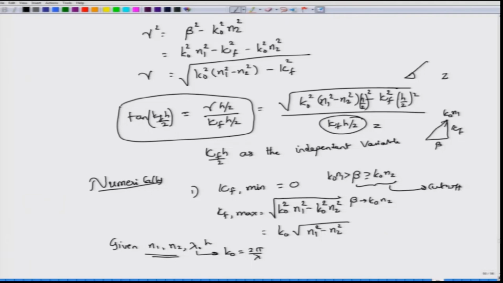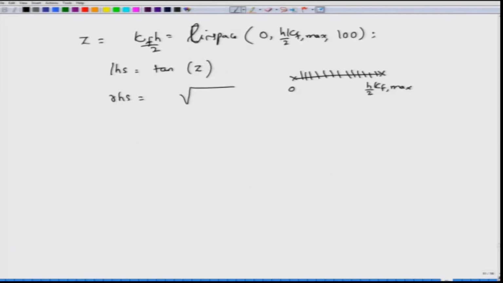Now, if you directly put z equal to 0, numerically you will have a problem. Therefore, you do not normally start your vector at 0, but at a small value. Let us call that small value epsilon. It could be just a non-zero value.